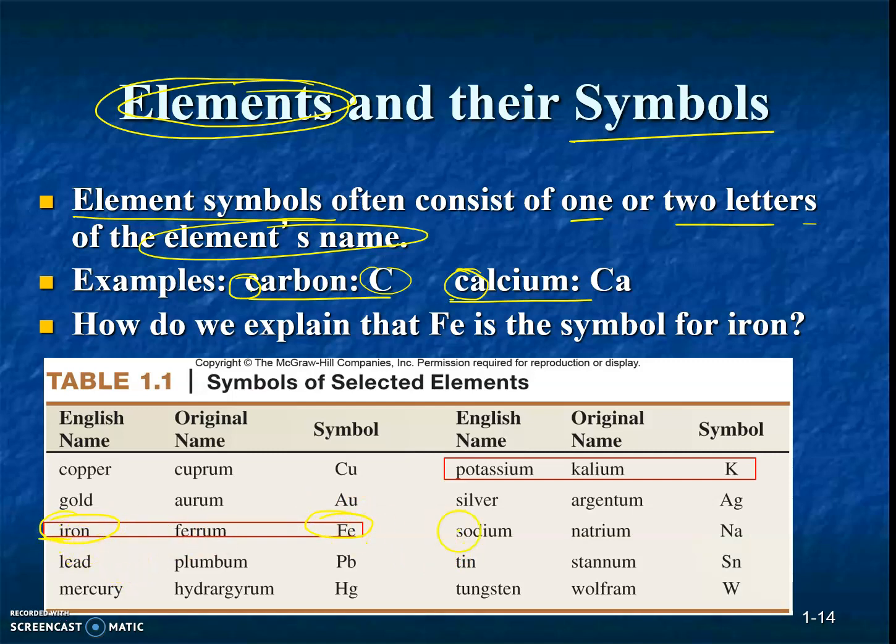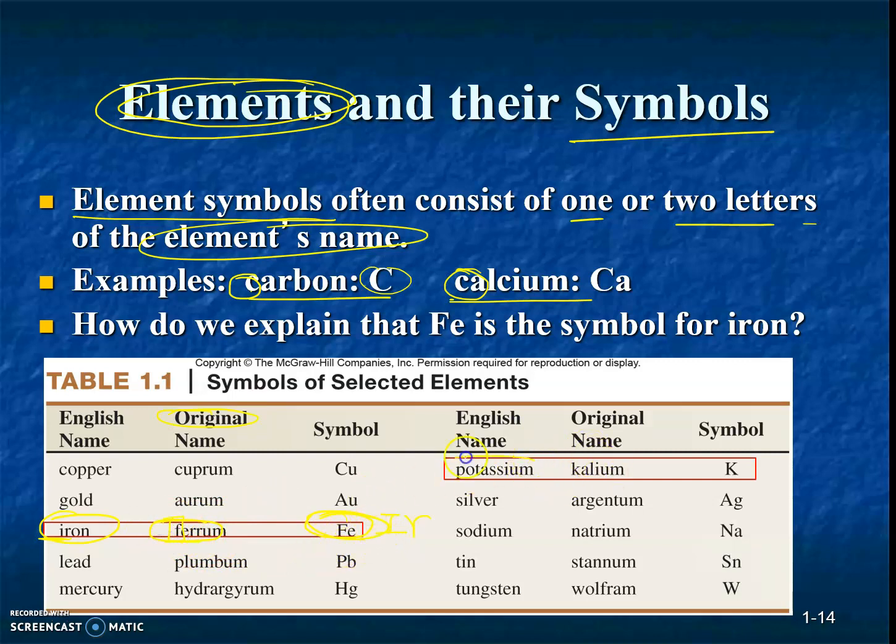If it were, we would call it I or Ir for iron, but we are not. We use Fe as the symbol. Why? Because that comes from its original name, ferrum, and ferrum starts with Fe.